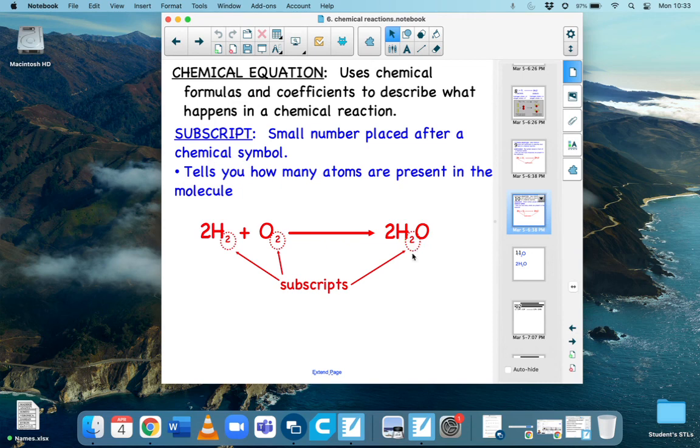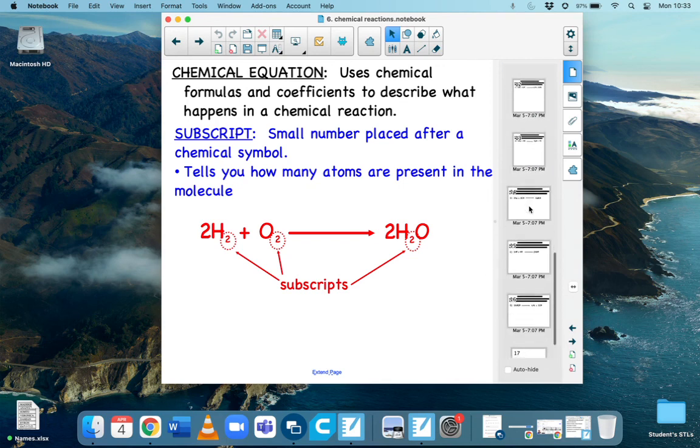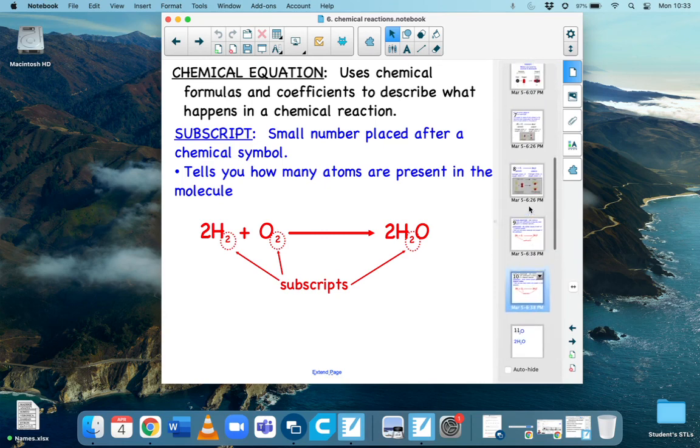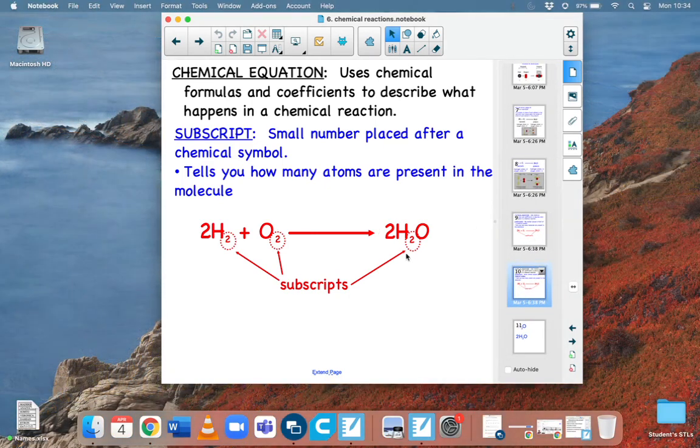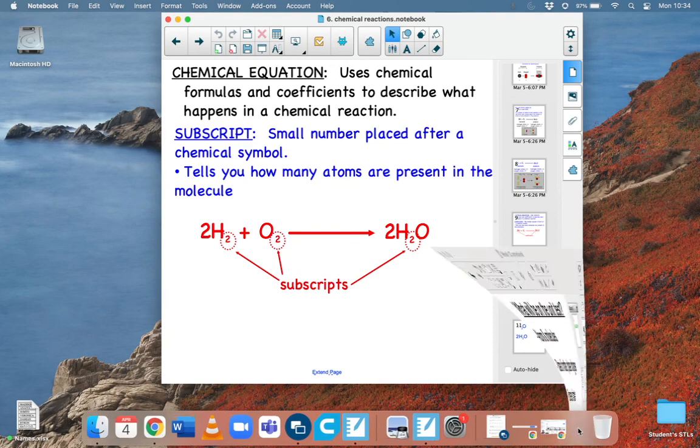And you can see the little number is below all of the other symbols. A subscript tells you how many atoms there are. So in an H2O molecule, there are 2 hydrogens, right? Those are the Mickey Mouse ears on top of the O, oxygen. So you just got to know the difference between the coefficient, the big number, and the subscript, the little number.